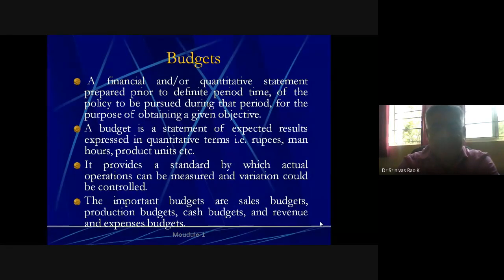Without a budget, you cannot undertake any kind of technical process, or any kind of program, or any action. It provides a standard by which actual operation can be measured and variation can be controlled. The important budgets are sales budgets, production budgets, cash budgets, and revenue expenses budget.